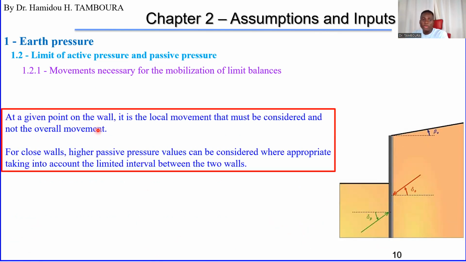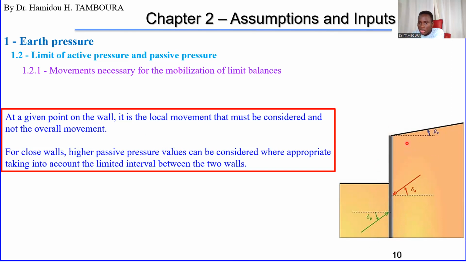So at a given point of the wall, it is the local movement that must be considered and not the overall movement of the wall. Local movement, for example, around here: if around here the movement is enough, then around here the pressure will be mobilized.